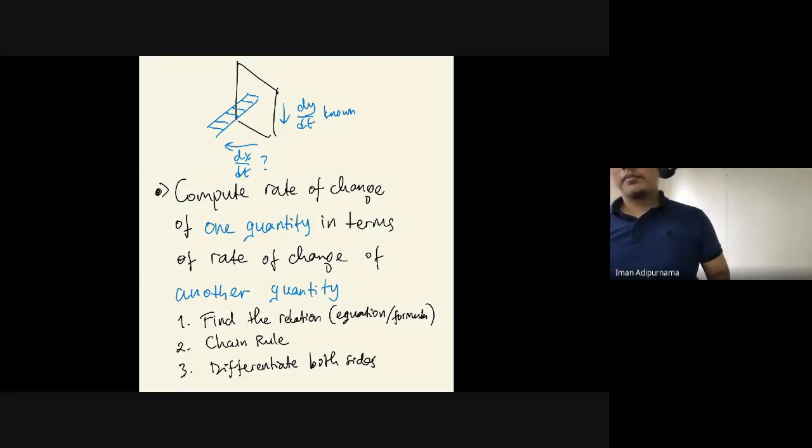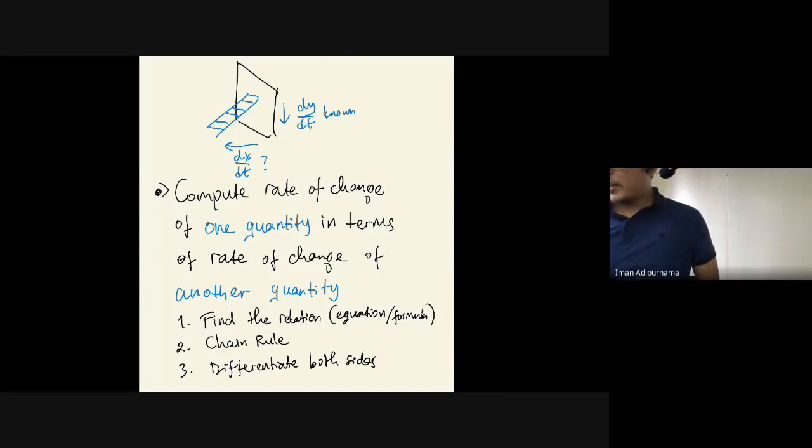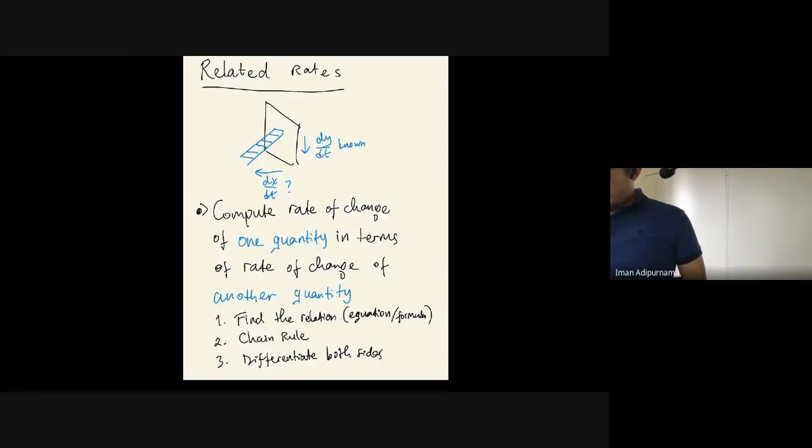In all problems, these three are mostly what you are doing: find the relations, include the dt using the chain rule, and then differentiate both sides. Sometimes it's implicit, but you have dt. I will show you how to deal with it.